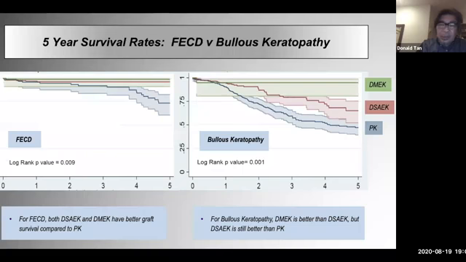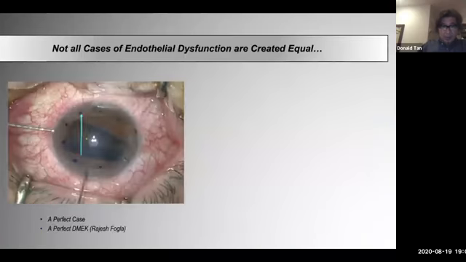Other forms, whether it's glaucoma, pseudophakic, aphakic bullous keratopathy, you see that there is a spread now, and DMEK is clearly better than DSEK. So in Asia, we have more of the bullous keratopathy, and obviously they come up with a lot more comorbidities, and that's the challenge that we have today.